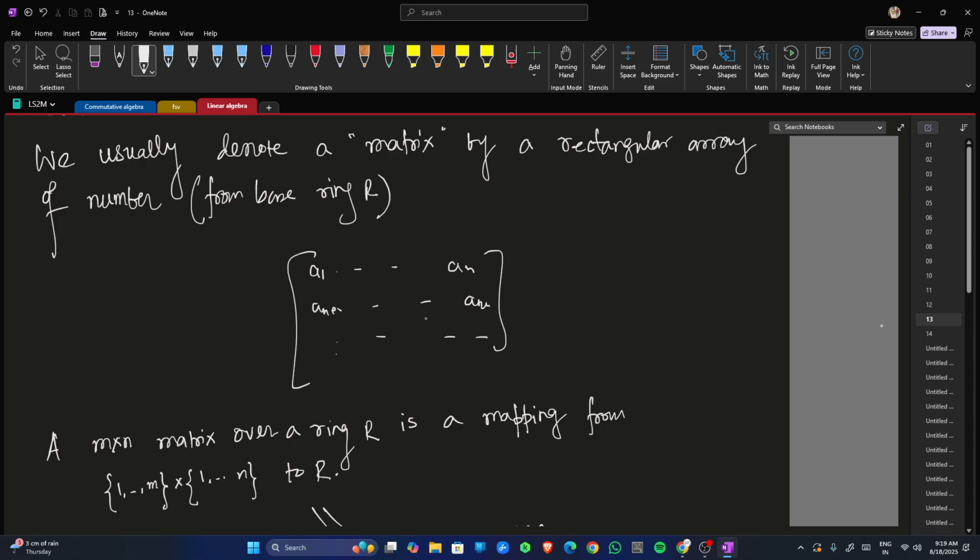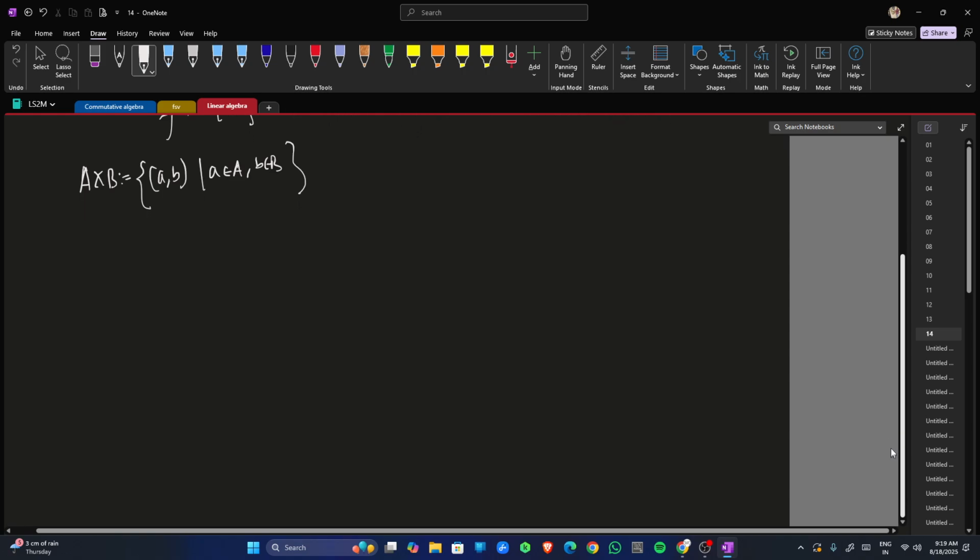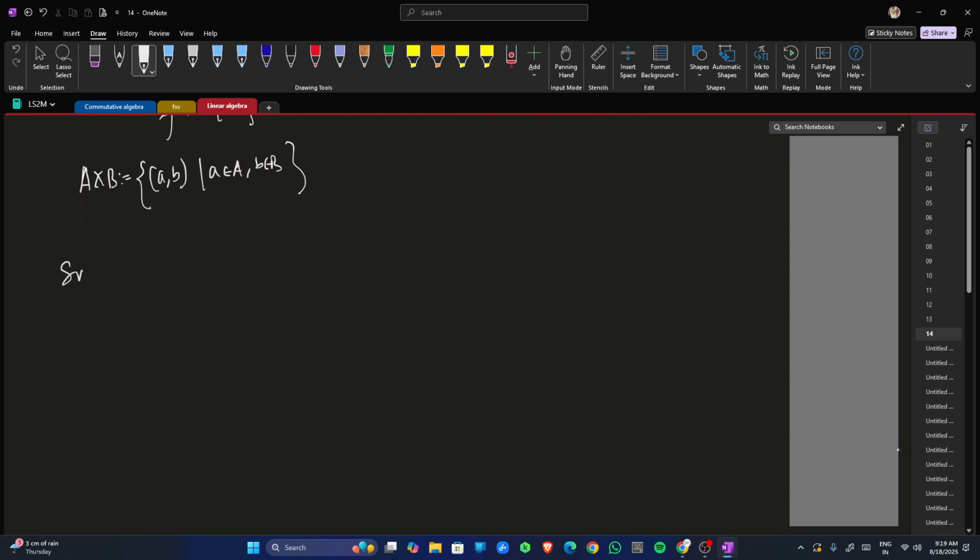But informally speaking, whenever we say A is a matrix, we mean that A looks like this, and the entries come from some ring or some field.